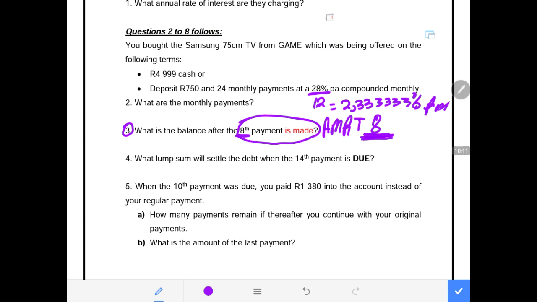You press amount immediately. It says amount P1 equals 1. We don't want payment number 1, so we scroll down. It says amount P2, which is payment number 2, equals 1. We don't want payment number 2, we want payment number 8. After you press 8, it says amount P2, 8.